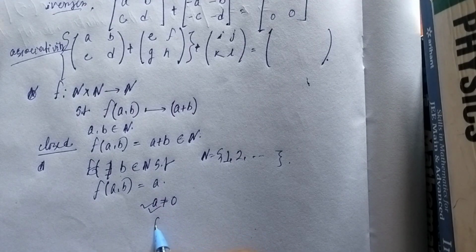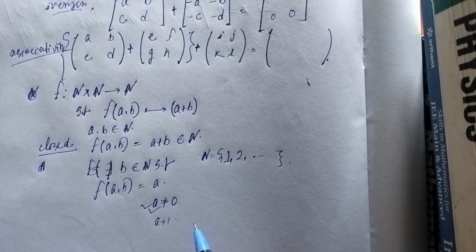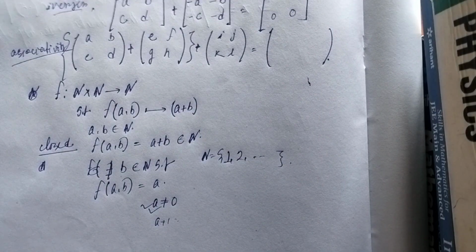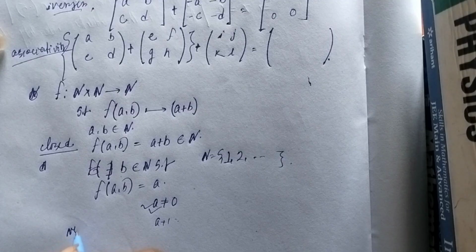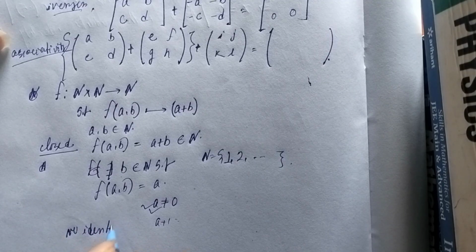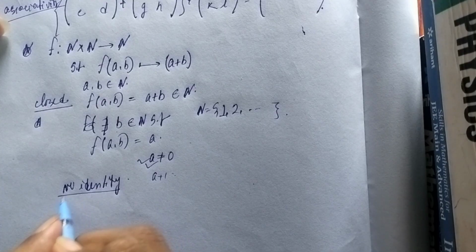If I add a with 1, it will be a plus 1. If we add 2, it will be a plus 2, not a. So in natural numbers under addition there is no identity. Now, is it associative?